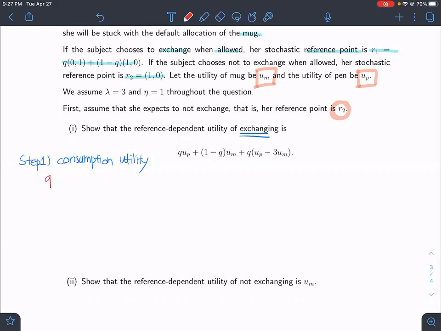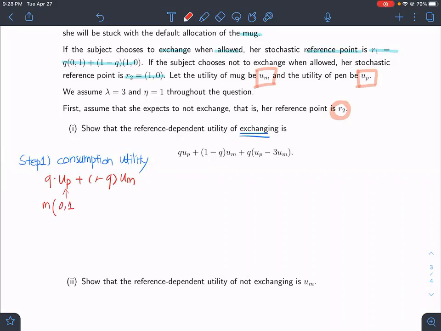You exchange by probability Q. You get a pen, so you get utility UP, and then by probability 1 minus Q, you will not trade. You end up with your mug, and the utility of getting a mug is UM. Okay, so this part, if I write in detail, it will be M. So M is to account for consumption utility.